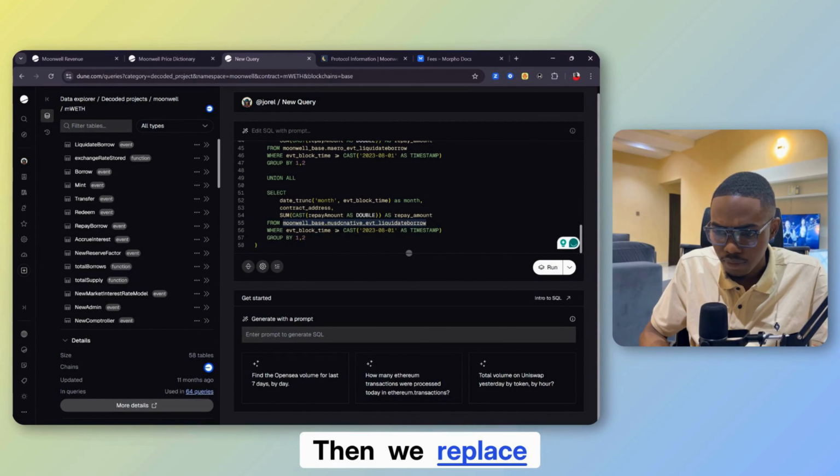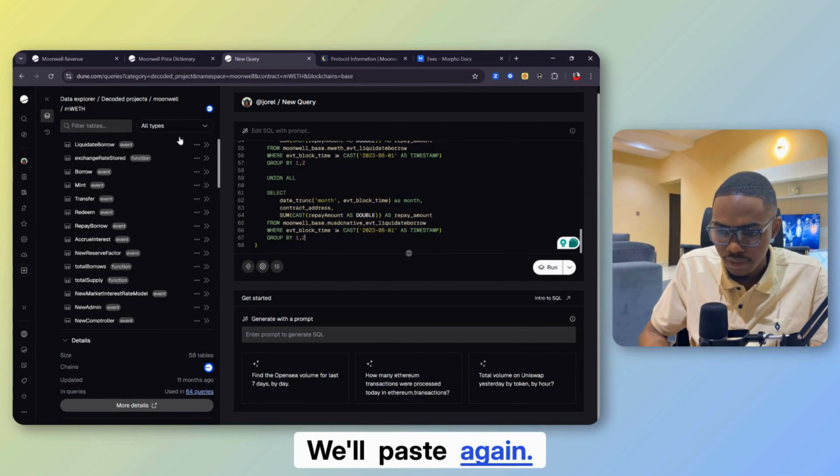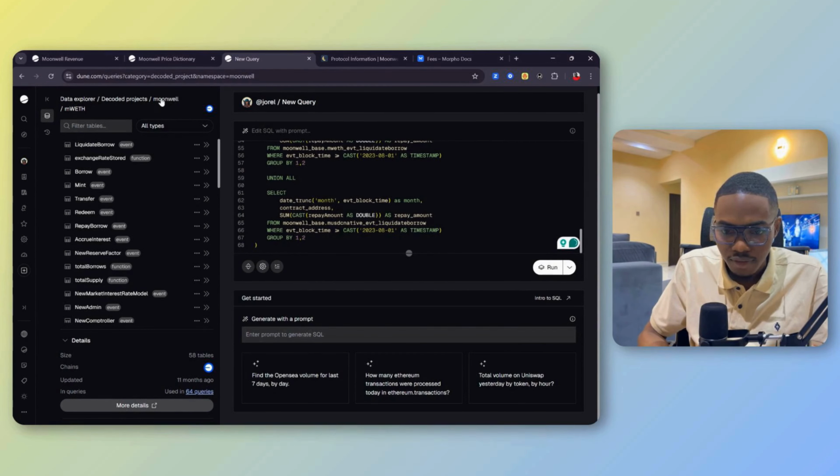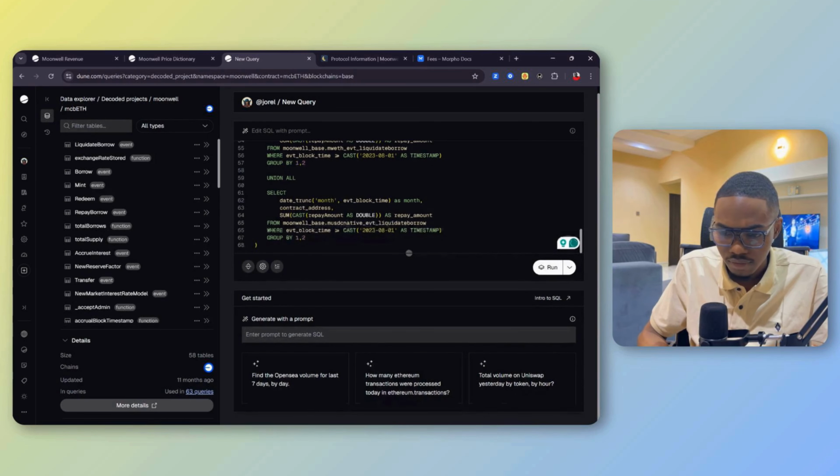Then I'll replace this event. I'll paste again, get the next market. Replace.